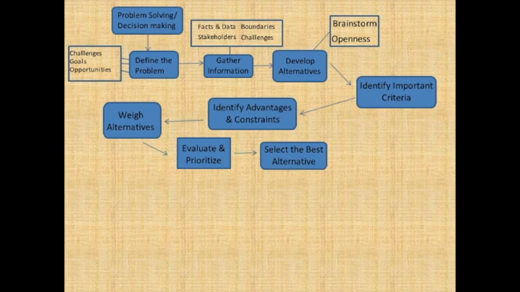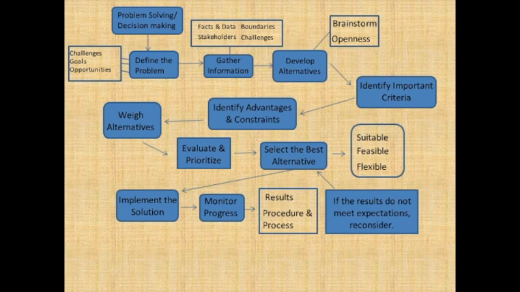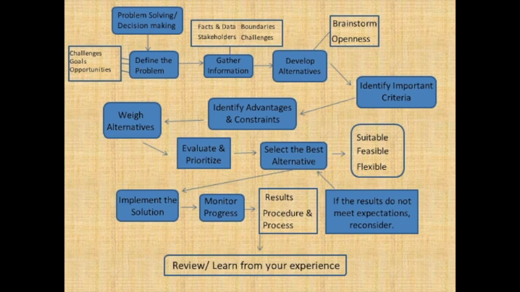Then select the best alternative based on whether it's suitable, feasible, and flexible. Once a solution has been implemented, one should monitor its progress. If the results do not meet expectations, then reconsider alternative solutions. In the end, it's important to step back, review, and learn from your experience.